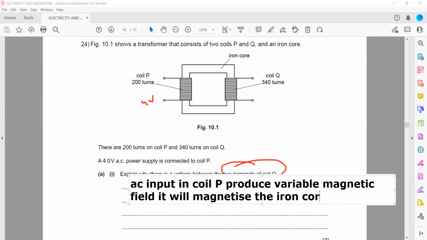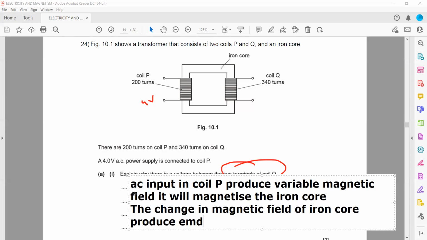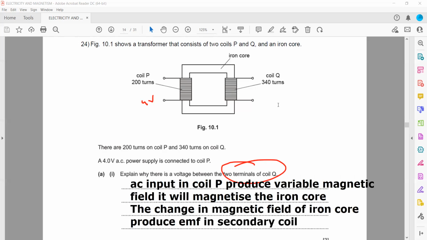And as a result, the change in magnetic field of the iron core produces EMF in the secondary coil. So that's how this works: the AC input produces a changing magnetic field, and that change in magnetic field induces EMF in the secondary coil.